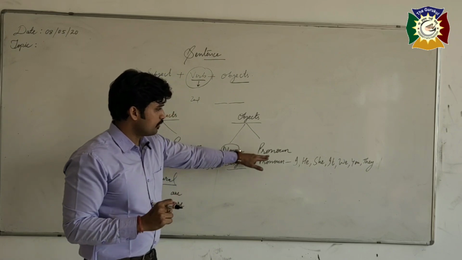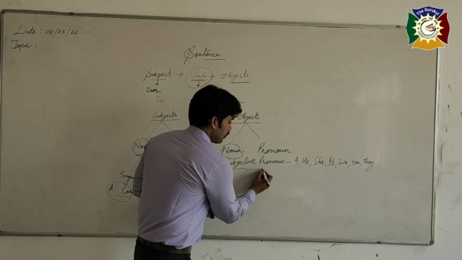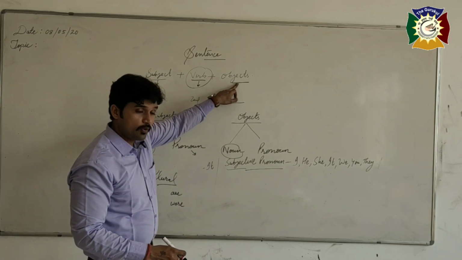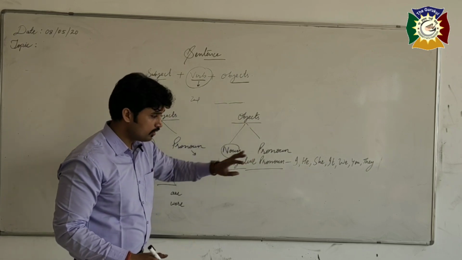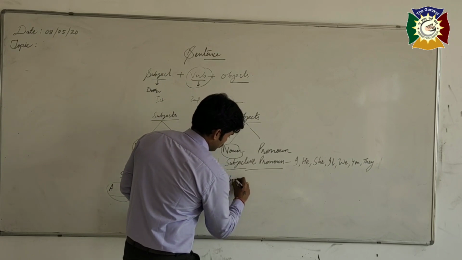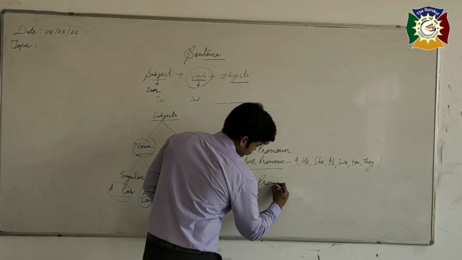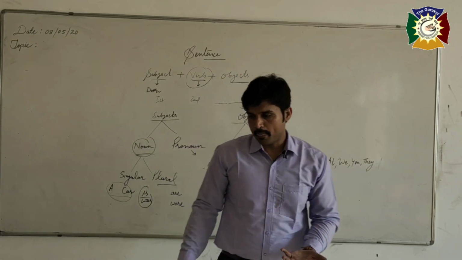But here the pronoun is different. Why? Because subjective pronouns are for subjects. And which pronouns are coming here? These pronouns, if I talk about this object, these are objective pronouns. So objective, how to make objective?